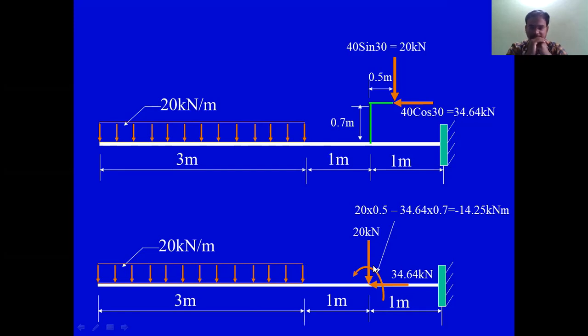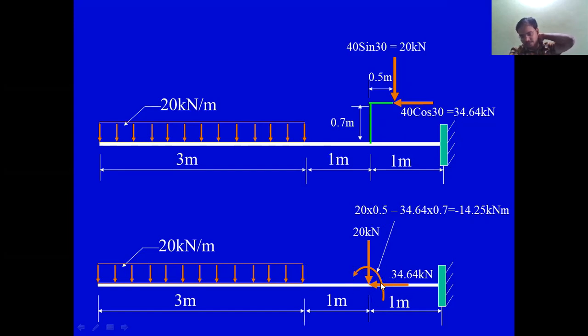Okay, let us analyze this one in a proper way. We have two forces here. He has taken these two forces as having the effect of movement at this point. It is minus, so it is not a clockwise effect.